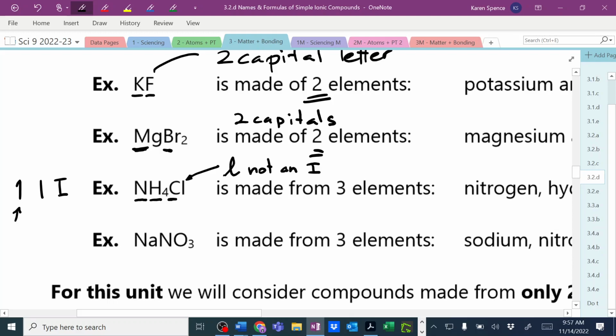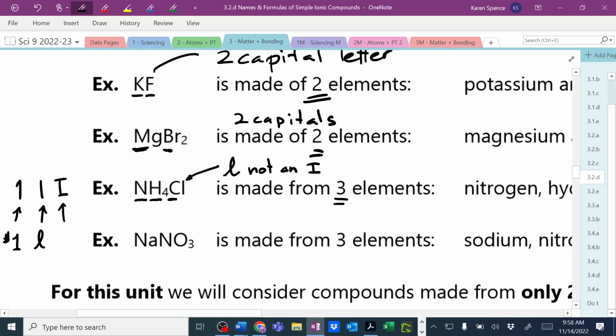That's the number 1. That's lowercase l. And that's a capital I. I know, it's irritating. Sometimes people will look at that and think nitrogen, hydrogen, carbon, and iodine, but it's not. It's C with a lowercase l.